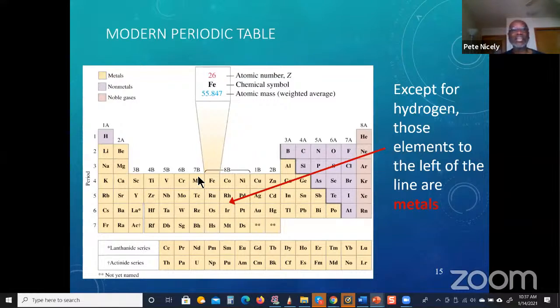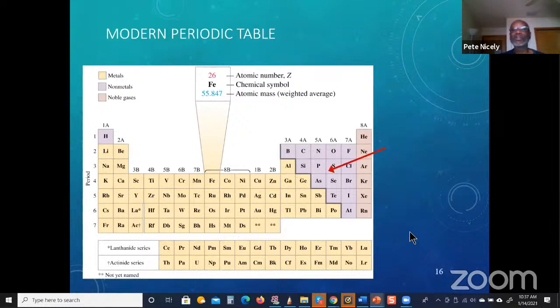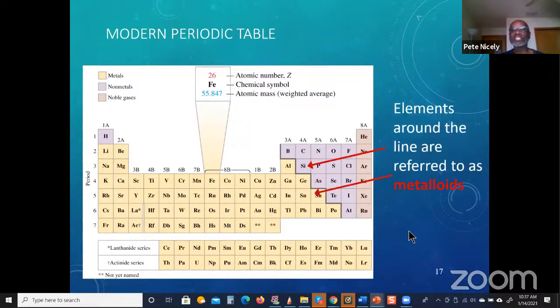But with the exception of hydrogen, most of the elements that lie to the left are the metals, and those that lie to the right of that line would be the non-metals, all right? And then you have some elements known as metalloids, which are located exactly on one side or the other of that line. They're called metalloids because they have certain characteristics in common with metals, and other characteristics in common with non-metals, all right? So that's why they're called metalloids.